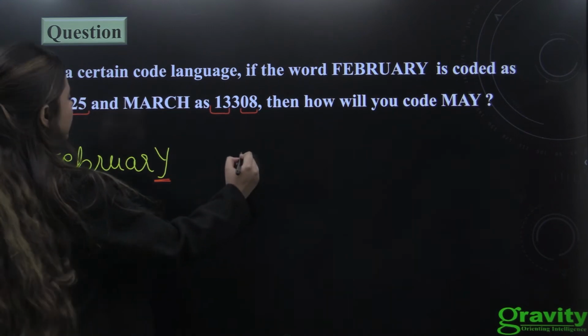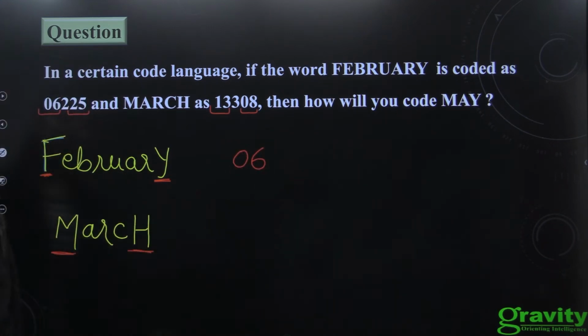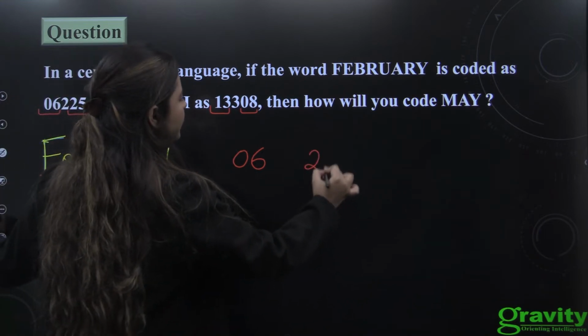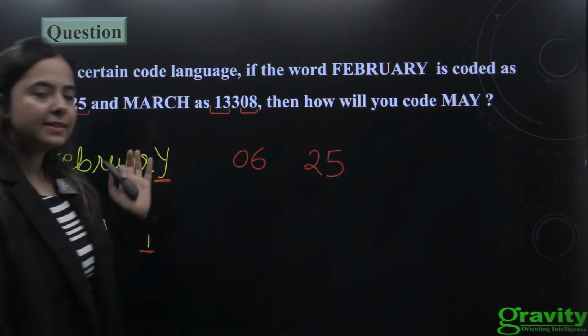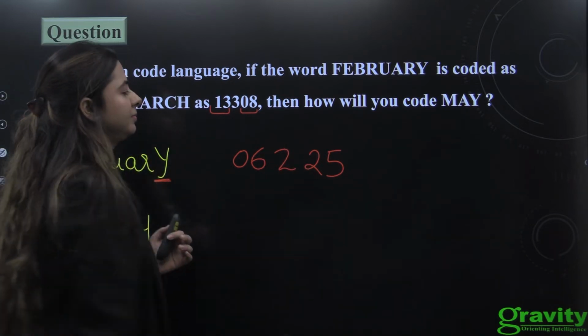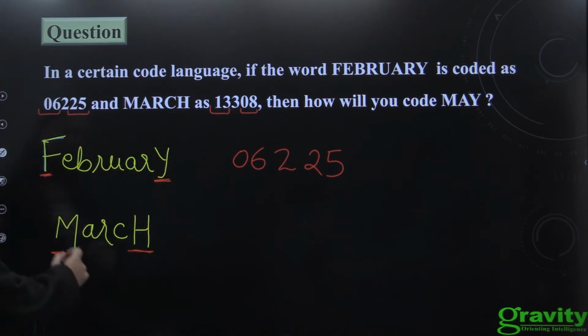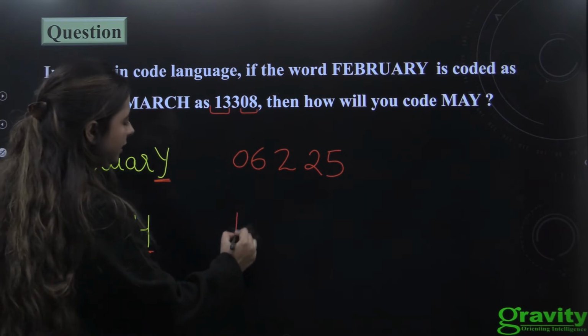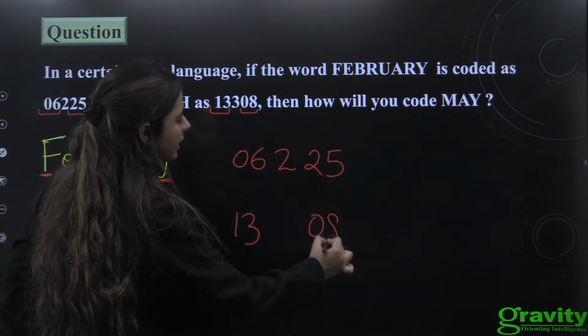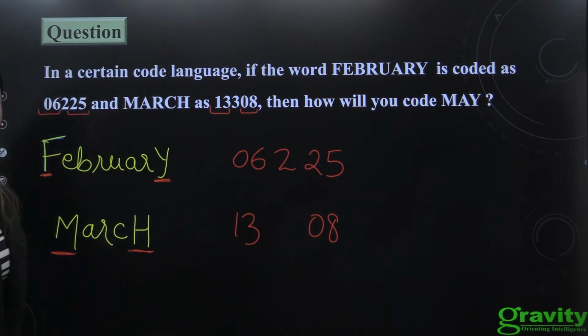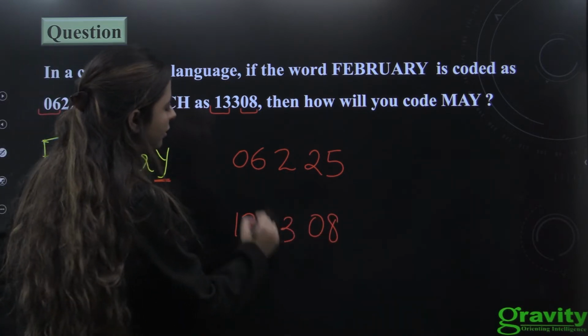F 6, Y 25, and February is the second month. M is 13, H 8th position, March is the third month.